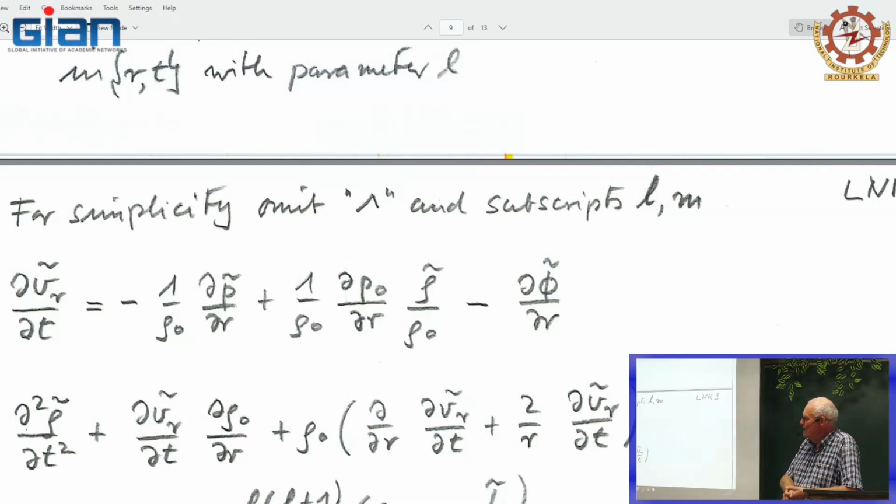Yes, the reason is the coefficients are independent of the angles theta and phi. If they were depending on the angles theta and phi, then our expansion in terms of spherical harmonics would fail, or in other words, then the different components would mix.